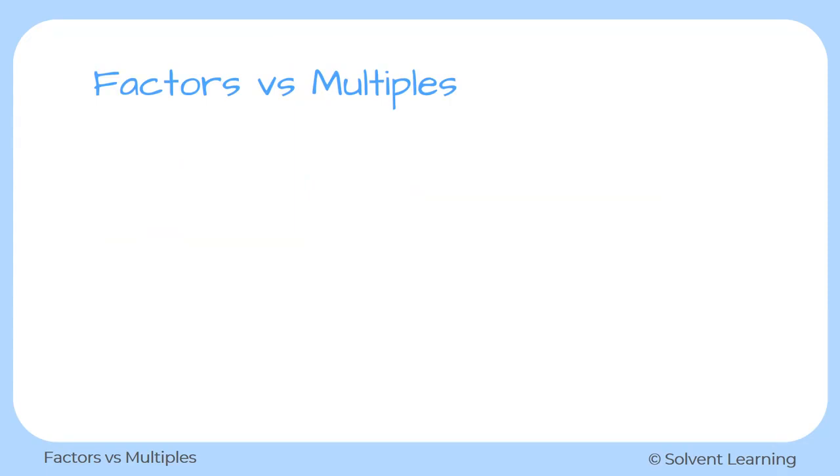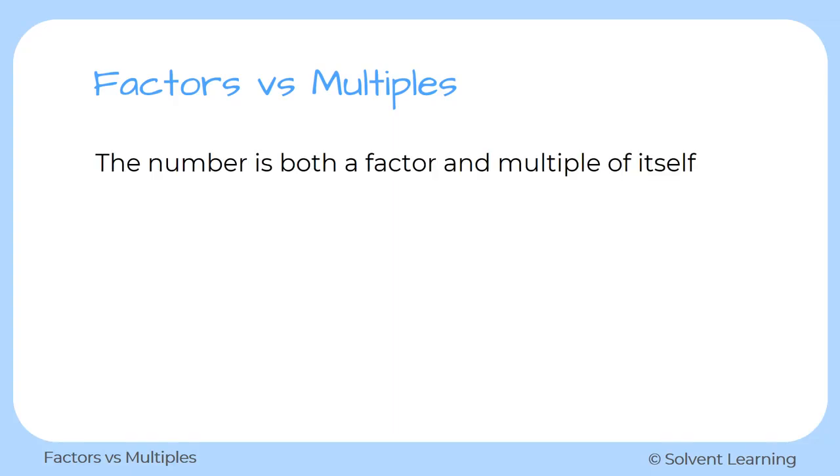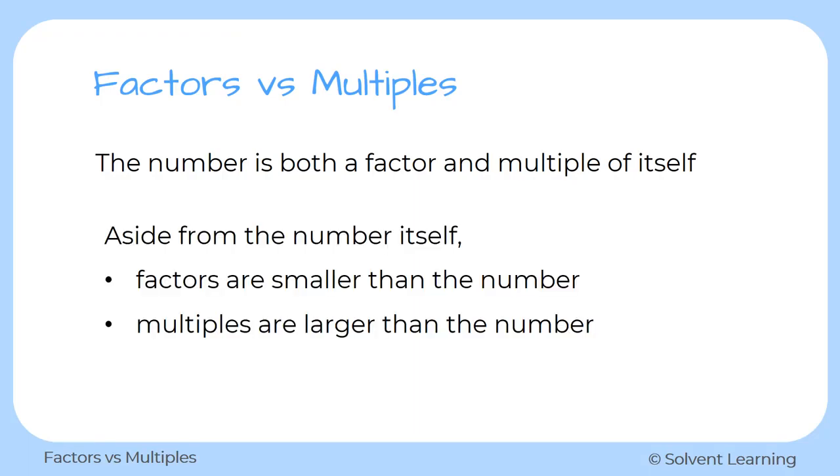So just to review what we just learned about the similarities and differences of factors and multiples, the number that we're focusing on will always be both a factor and multiple of itself. It will appear in both lists. And aside from the number itself, the factors will be smaller than the number, and the multiples will be larger than the number.